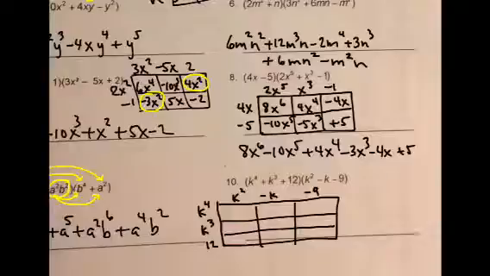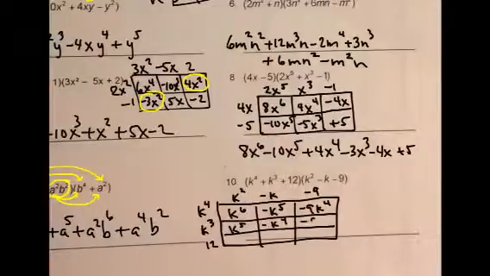So k to the fourth times k squared is k to the sixth. K to the fourth times negative k is negative k to the fifth. Negative 9 times k to the fourth is negative 9k to the fourth. Then k cubed times k squared is k to the fifth. K to the third gives you negative k to the fourth.